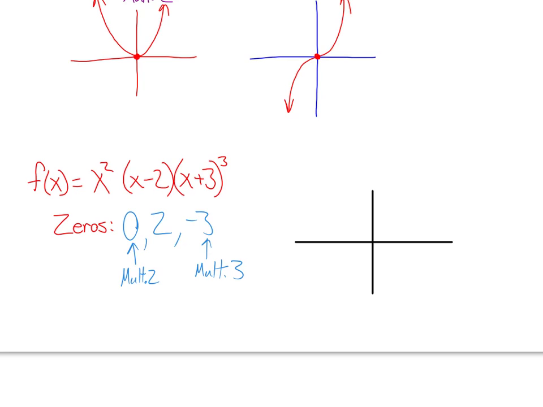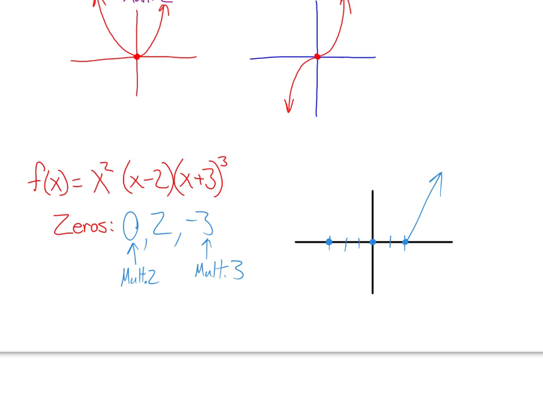So if I'm sketching this, if I'm trying to draw this graph, I put my zeros on here. There's -3, 0, and 2. I look at my end behavior, so the right side is going to do what? Go up. The left side is going to, what's our degree here?